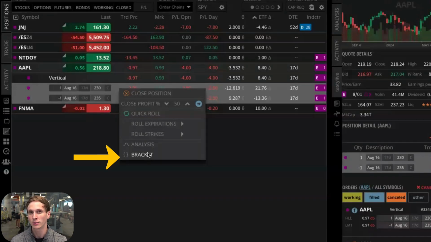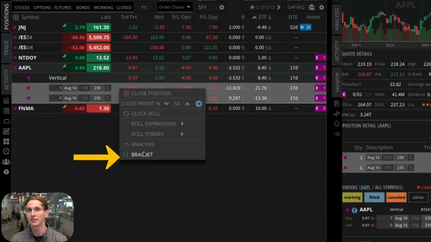A bracket order is two orders, or well, an OCO is two orders where you're setting a take profit on the top side and a stop loss on the bottom side. These orders work in unison until either one of them is filled and then the other one gets canceled, or you cancel the order entirely.